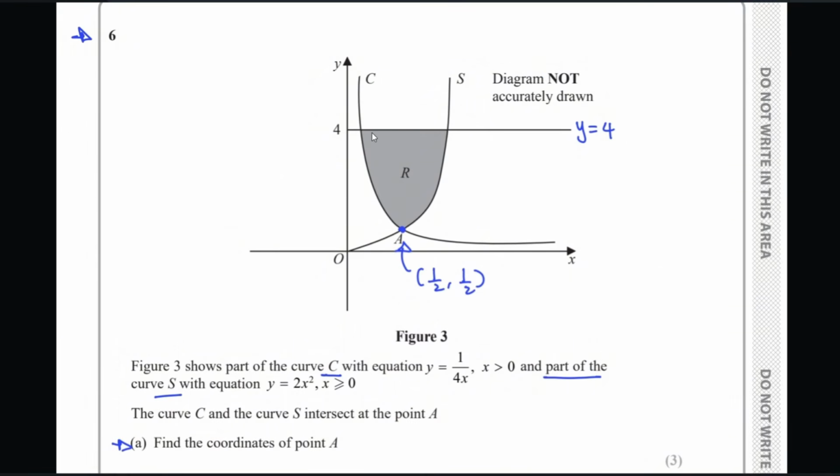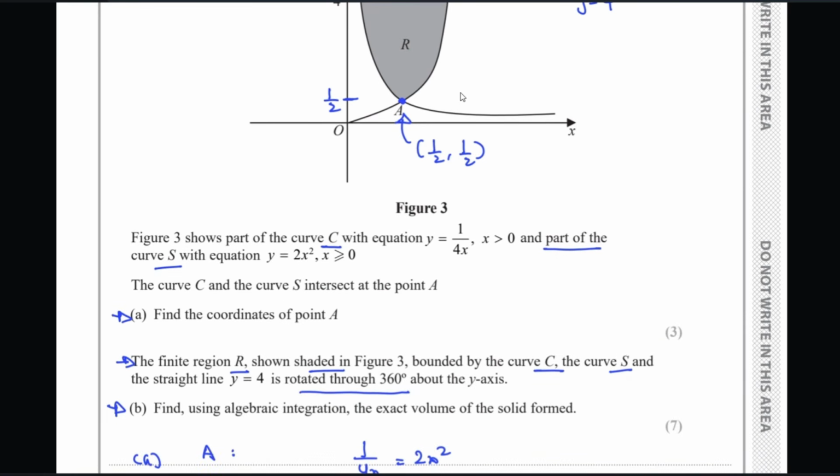If we rotate it about the y-axis, the limits would be y equals half to y equals 4, and the region would be between S and C. Let's rewrite the curve equations, making x the subject.